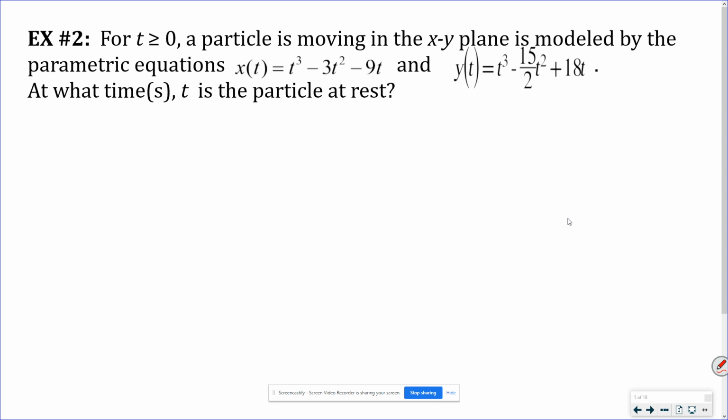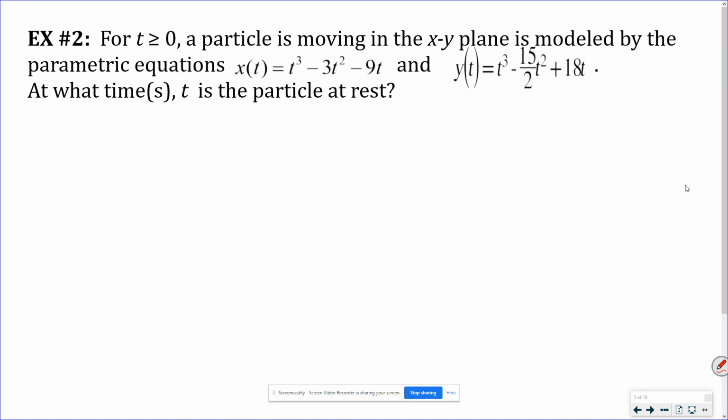All right, for example 2, we are dealing with another parametric equation, and it says, when is the particle at rest? Typically, we would say a particle is at rest when the derivative is 0, because derivatives represent velocity, and when your object is not moving, the velocity of that object would be 0.